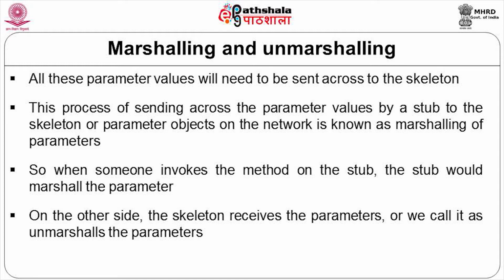This process of sending across the parameter values by a stub to the skeleton, or sending parameters or any values or any objects across on the network, is known as marshalling. So what is being done by the stub is, initially when someone invokes a method on the stub, it would marshal the parameters and send them to the skeleton. On the other side, the skeleton receives the parameters, or we call it, it unmarshals the parameters.